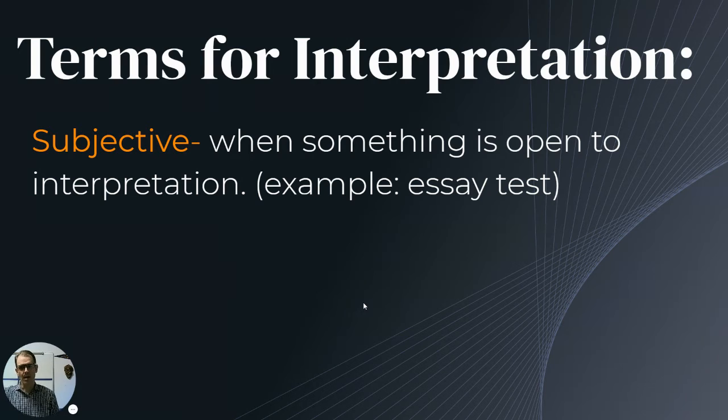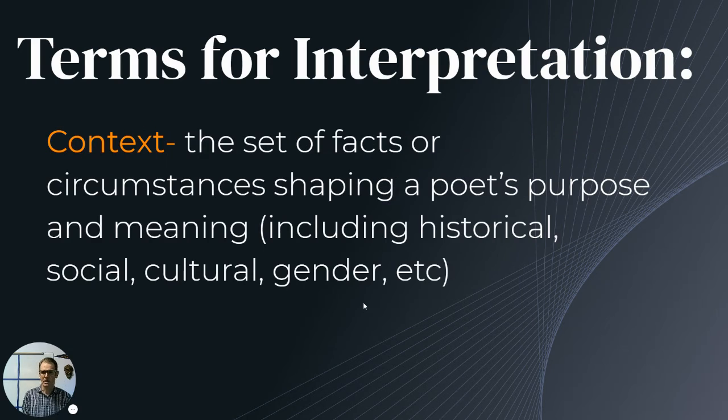I can grade an objective test super easy. I can let the computer do that. Subjective tests, I'm going to need to go through and see that interpretation within. Next, we have context. This is the set of facts or circumstances shaping a poet's purpose and meaning. So what's going on outside when the poet wrote the poem?